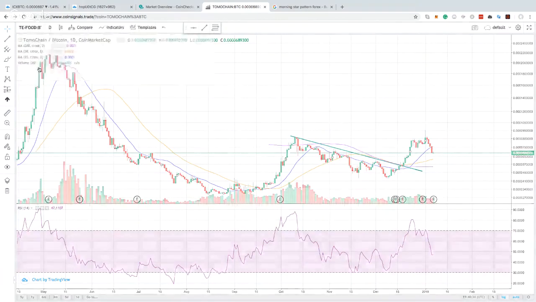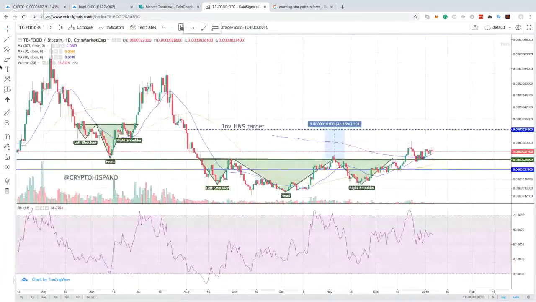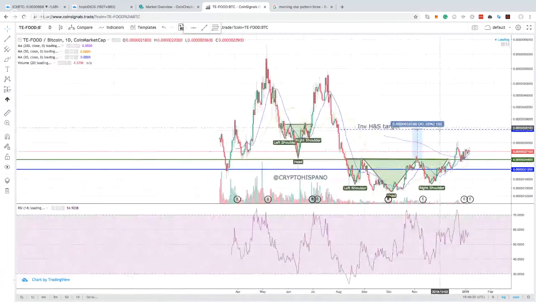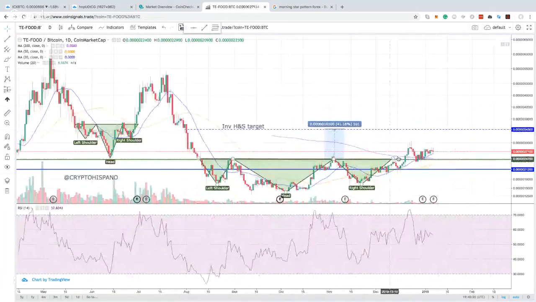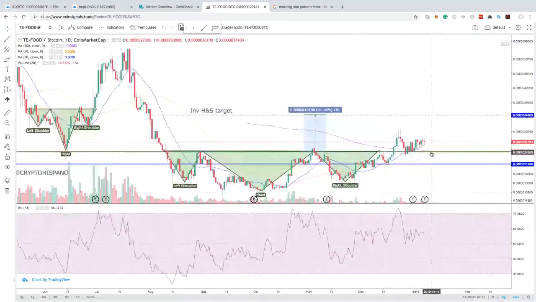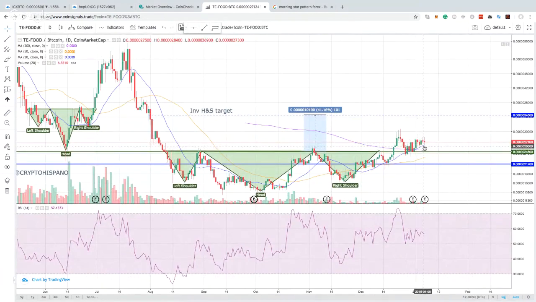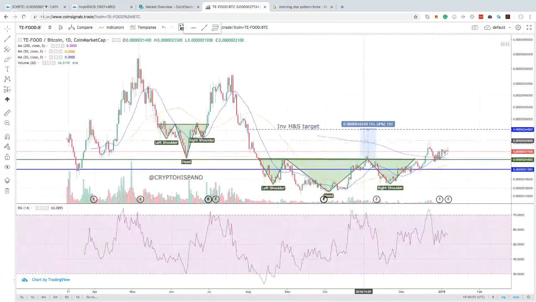Right now, the two coins that I like the most from KuCoin are T-Food. If you have been following me, you know that I'm a really huge fan of this project. The price is consolidating above the support of the neck of the inverted head and shoulders. So this one is looking good. The 20 MA is working as support as well. Everything is looking good.